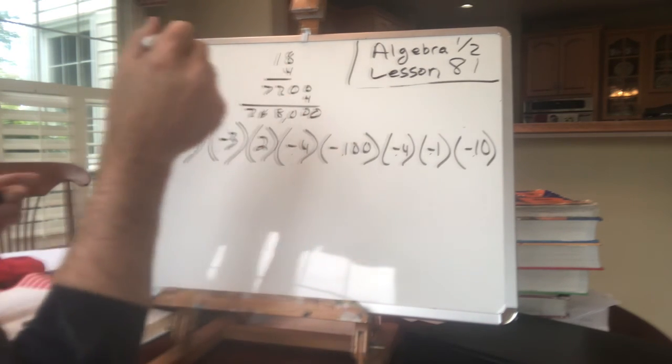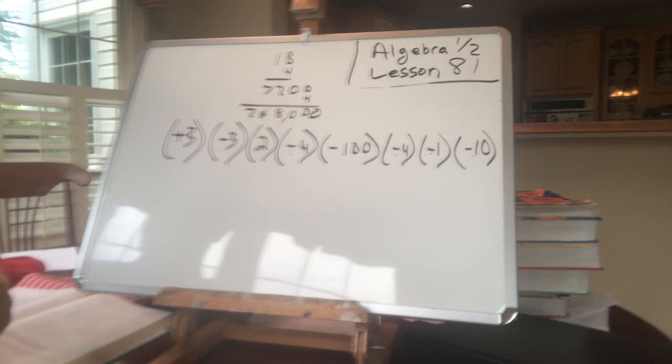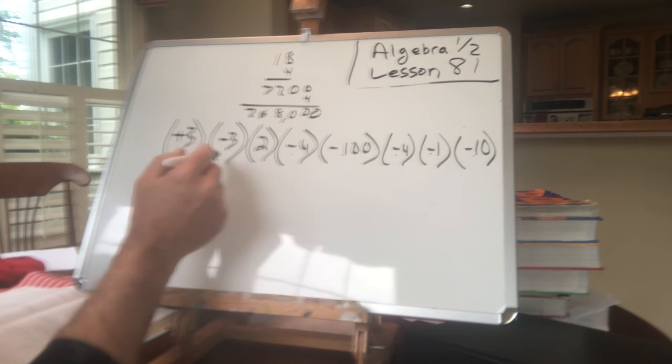So my final number is 288,000, and it's positive because I counted my negative numbers, okay?